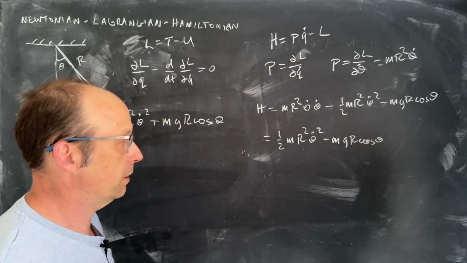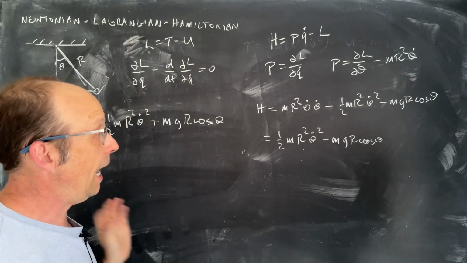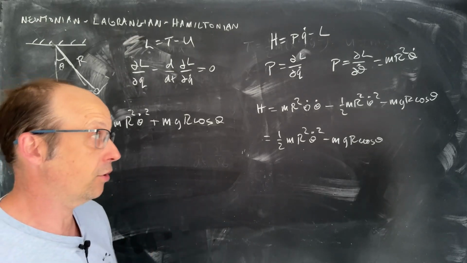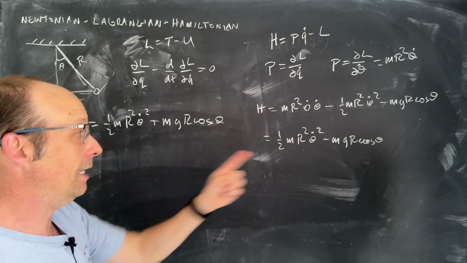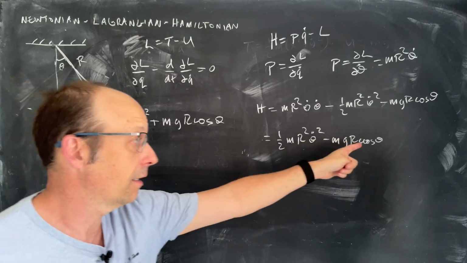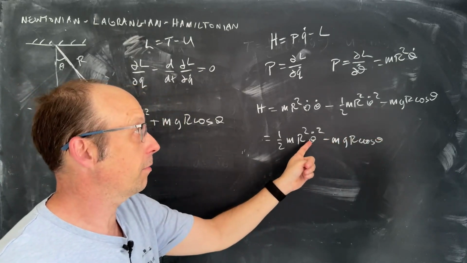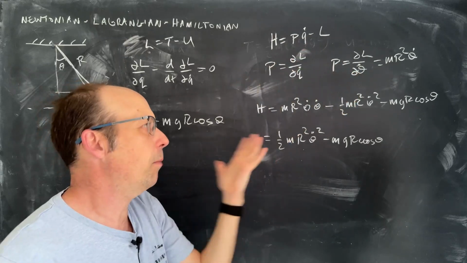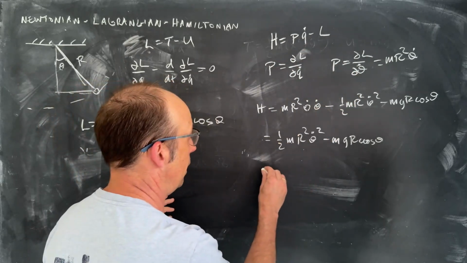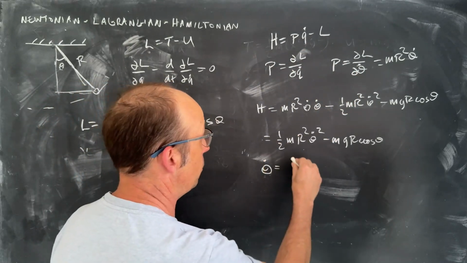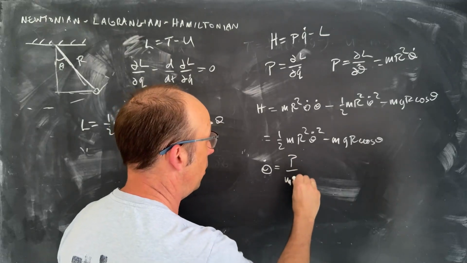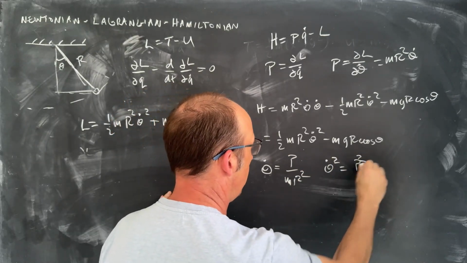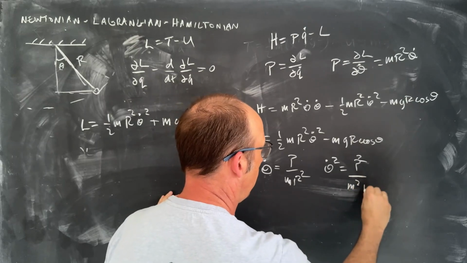Okay, not always. Now I want to get the Hamiltonian in terms of p's and q's. So I need to get this in terms of p. So p is m r squared theta dot. There's a couple ways you could do this. I could just solve that for theta dot. Theta dot is going to be equal to p over m r squared. So theta dot squared is p squared over m squared r to the 4th.